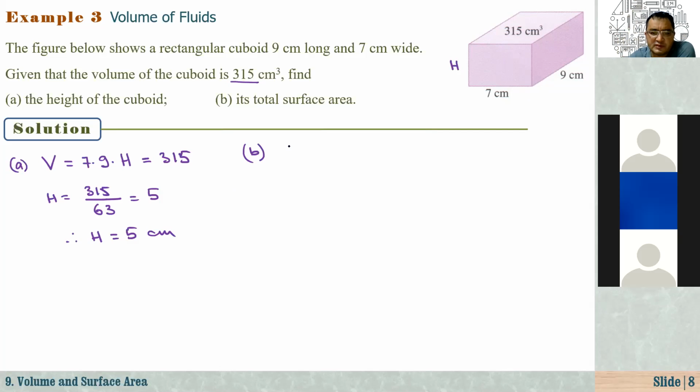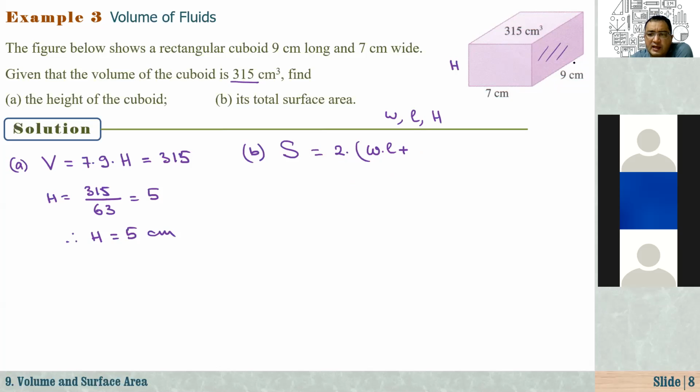So to find the total surface area, let's say it is S, that's equal to 2 times, where W is width, L is length, h is height. How do you find that? W times L gives us the area of the bottom and the top, so that is the floor and the ceiling. That's why we are multiplying this by 2. Plus, how about this side?